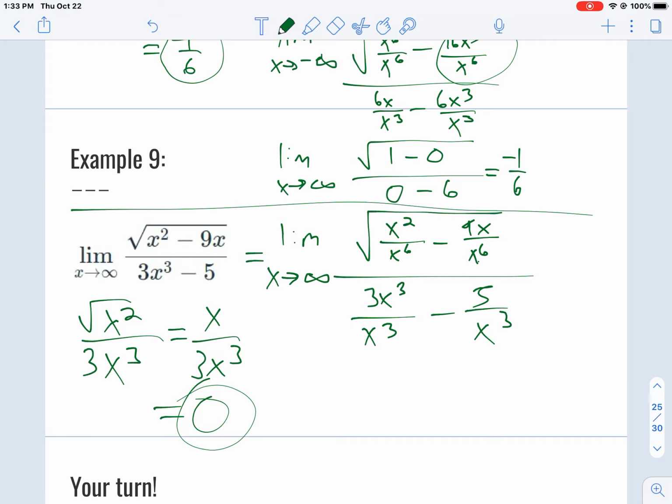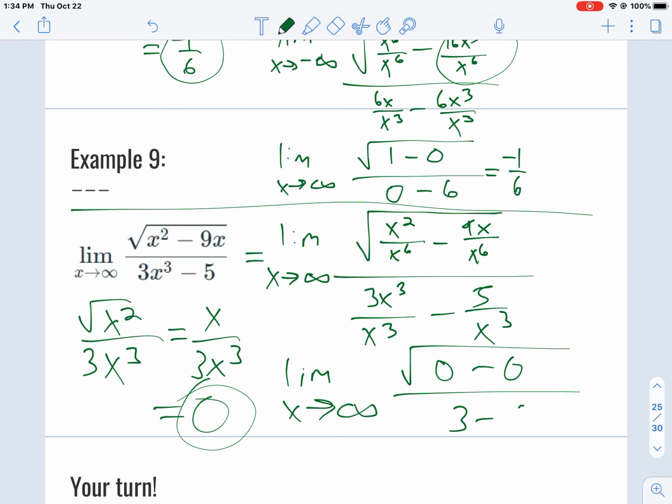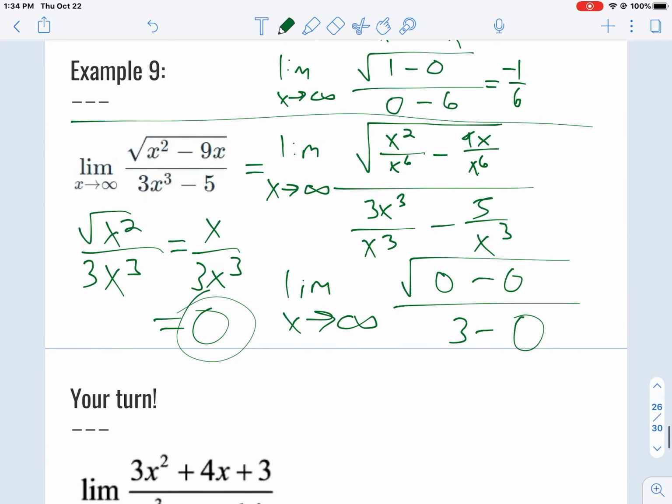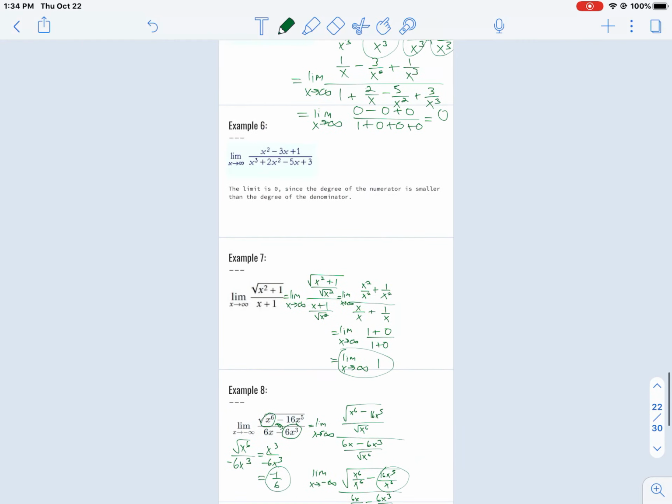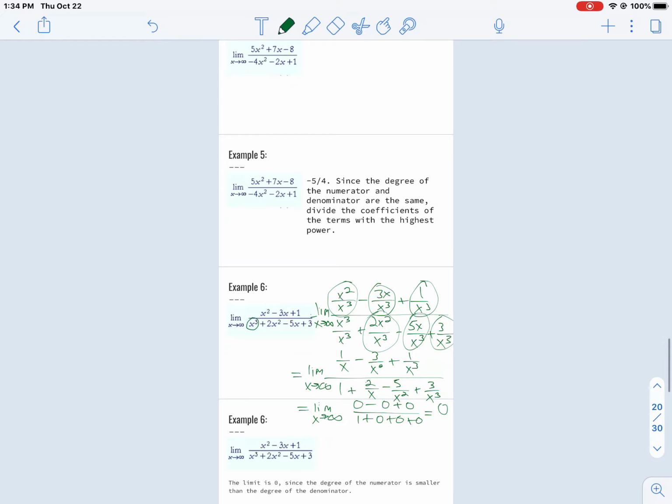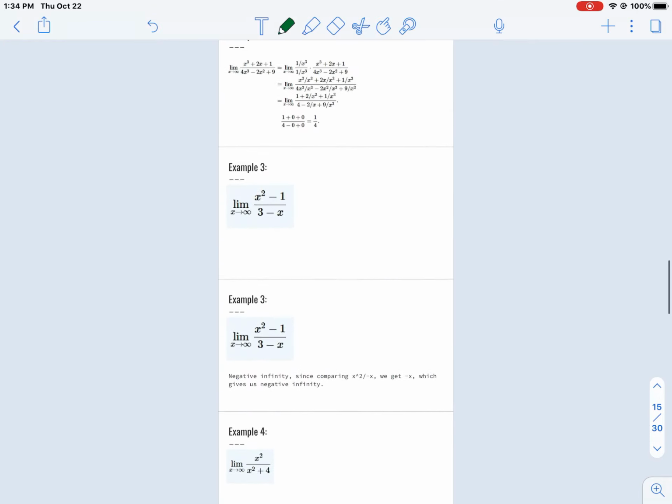So again, in the numerator, both of those go to 0, and in the denominator, it goes to 3 minus 0, okay? So I just wanted to clear some of that up and show you the mechanics of how to get what we were getting, okay?